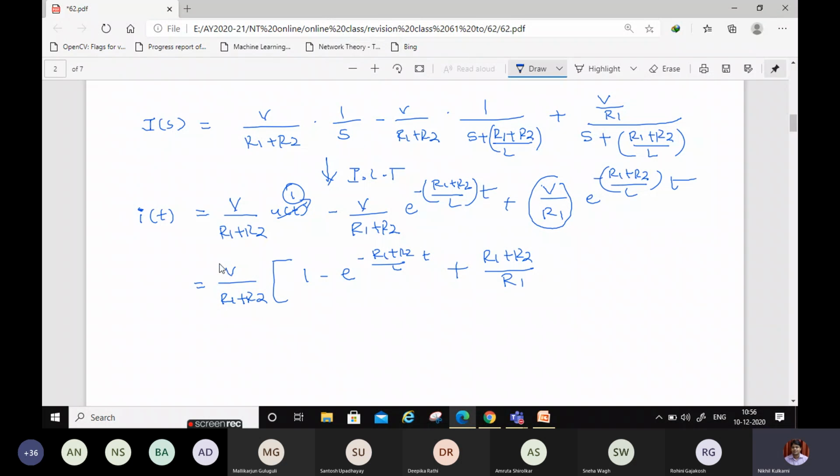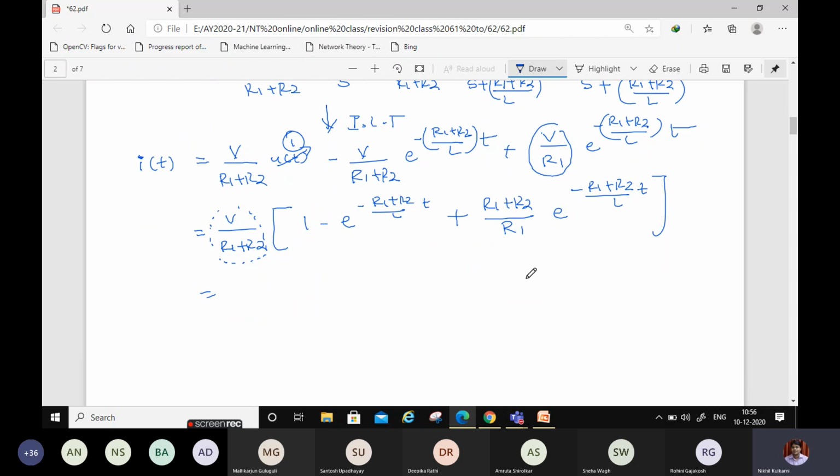This I am replacing with respect to this. Is that clear? Yes, sir. Then e to the power, you can take (r1 plus r2) by L into t. So you can keep this as the answer.